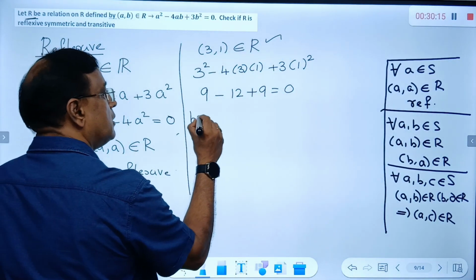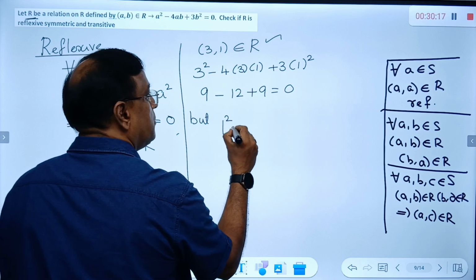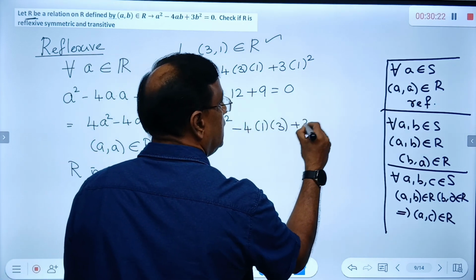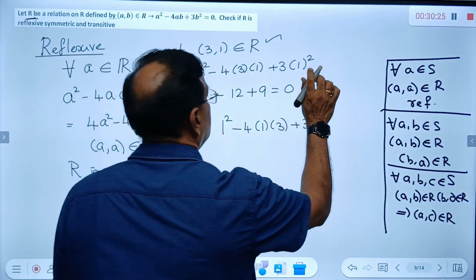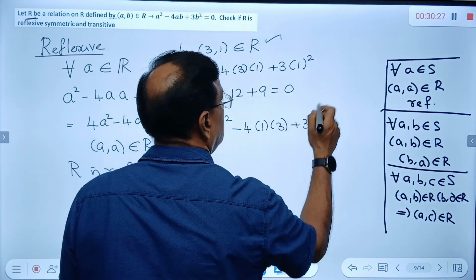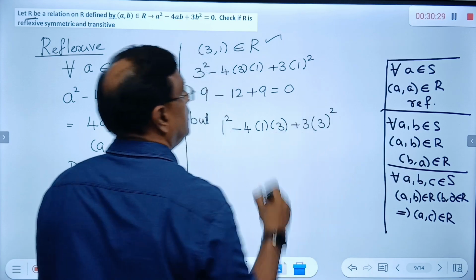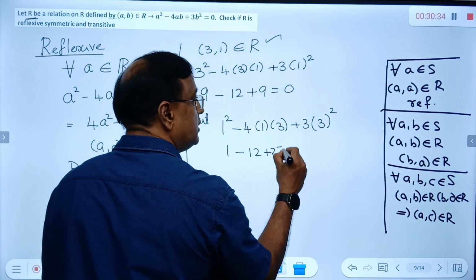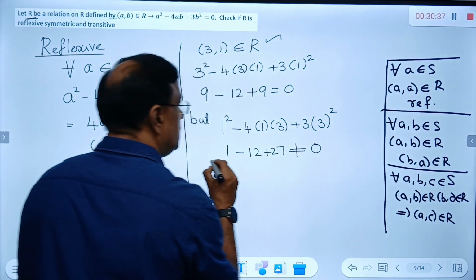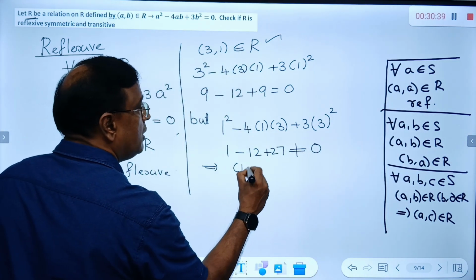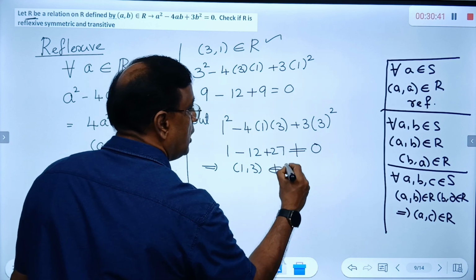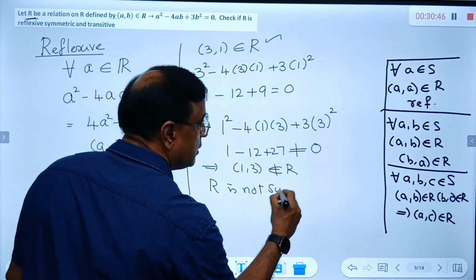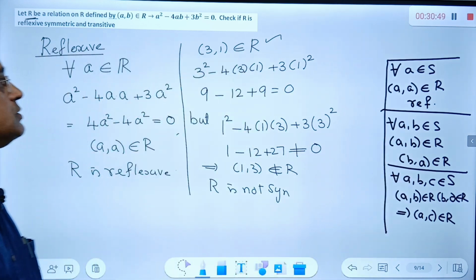But 1² − 4·1·3 + 3·3², that is 1 − 12 + 27, is definitely not 0. This implies (1, 3) does not belong to R. Therefore, R is not symmetric.